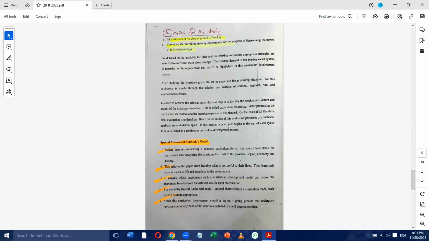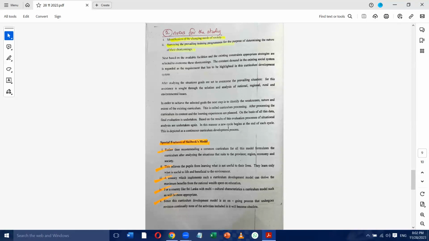First one, identification of the changing needs of the society. So we are going to the culture-based. You have to identify, or come to a conclusion, what are the changing needs of this particular society, of the people of this country.